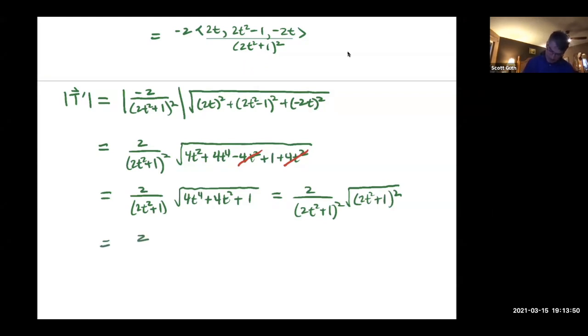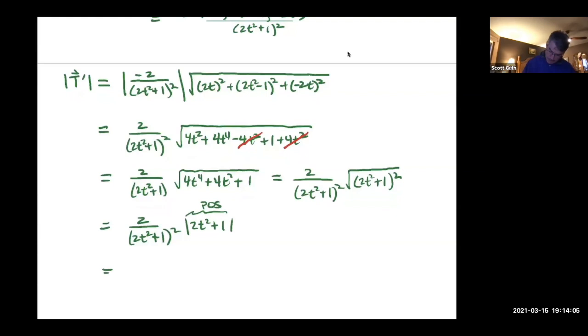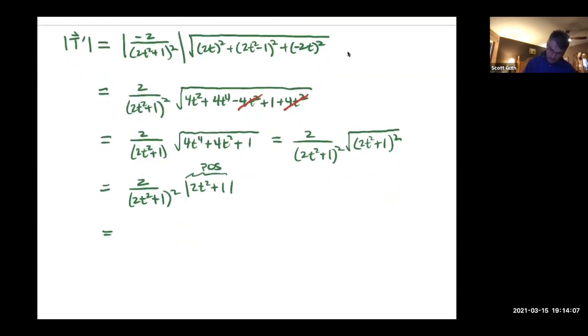So technically, you have this times the absolute value of 2t squared plus 1, like that. But this is positive, so we're not going to fuss about that. So you don't need the absolute value, so you can just say 2 over 2t squared plus 1. That's the curvature. Should be always positive. Curvature could never be negative.